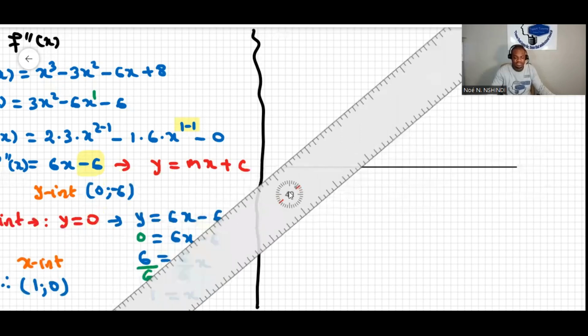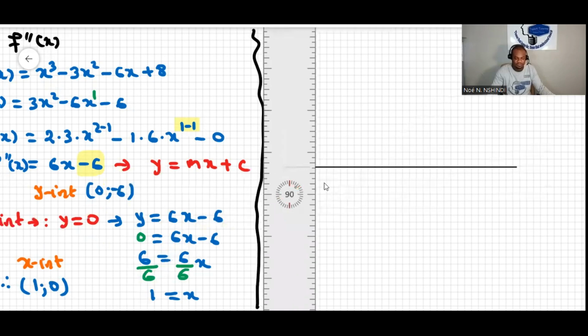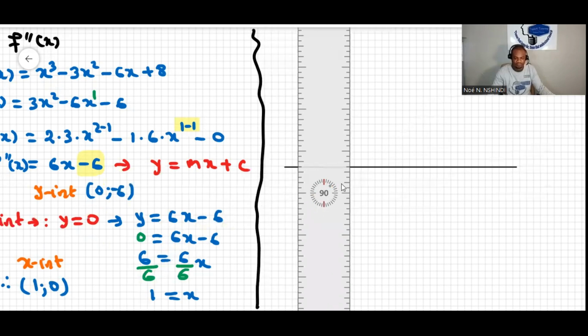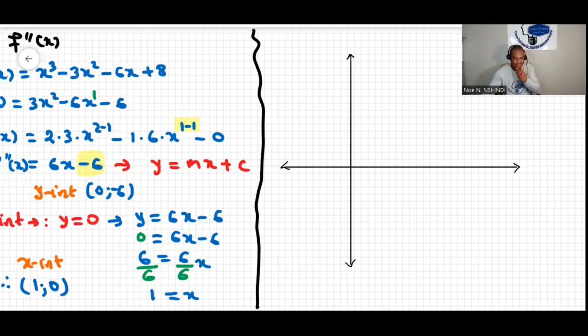I draw the x-axis, and now I can also draw the y-axis. Then I can place in my points.